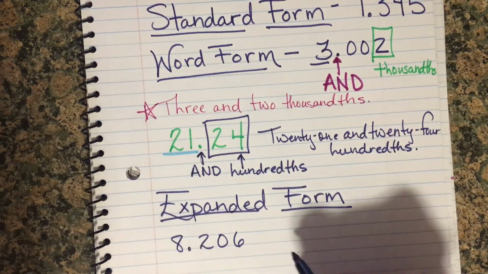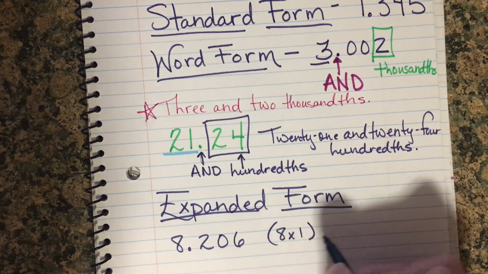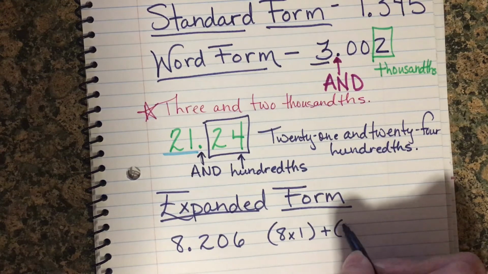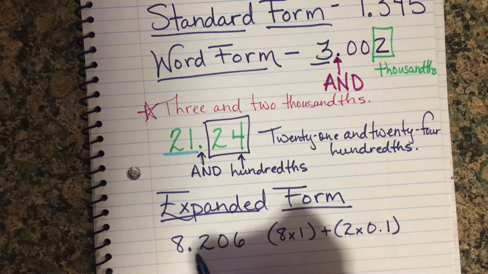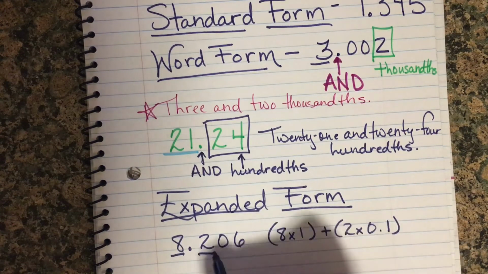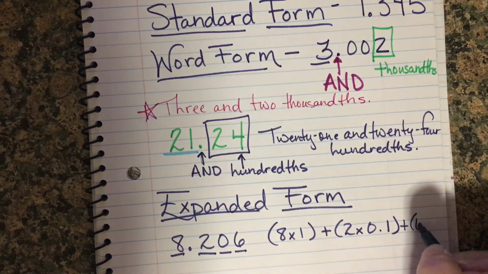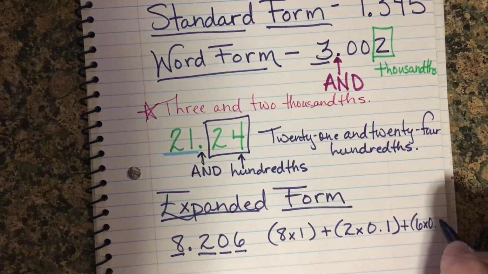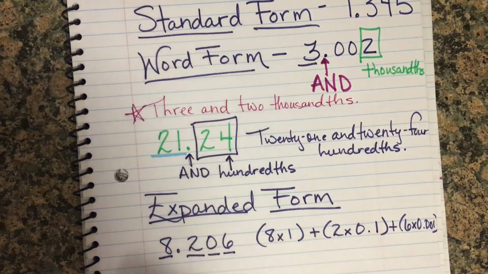And I'm going to break it out and write 8 times 1 plus 2 times 1/10, because this is in the tenths place. I'm not going to write anything for the next one. And this is going to be 6 times 1,000th. I almost can't fit it. So you're just breaking out each individual spot.